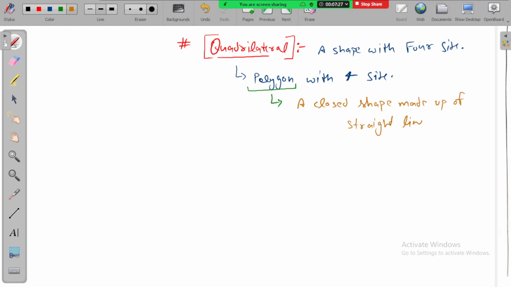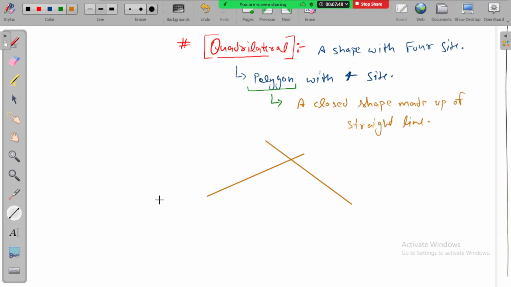Then the next question can be: how many lines are needed to make a closed shape? What is the minimum number of line segments that you require? Let's say I'm using just one. Is it making any shape? No. Then let's say I use two. Is it making any closed shape?